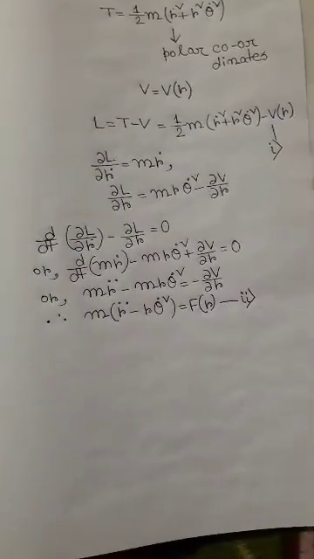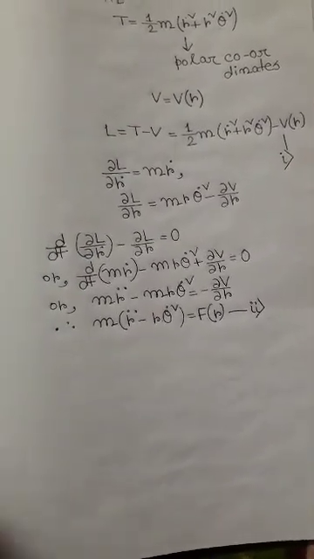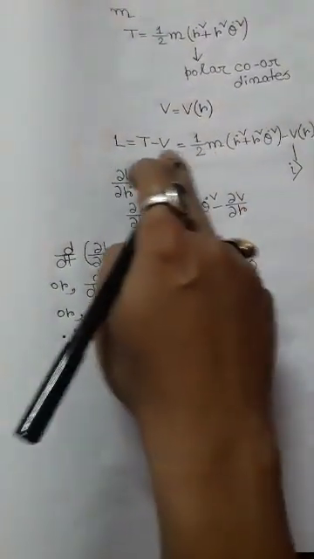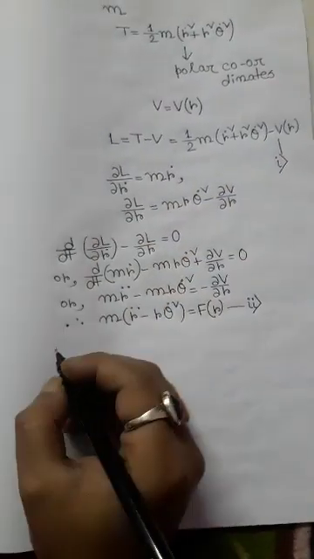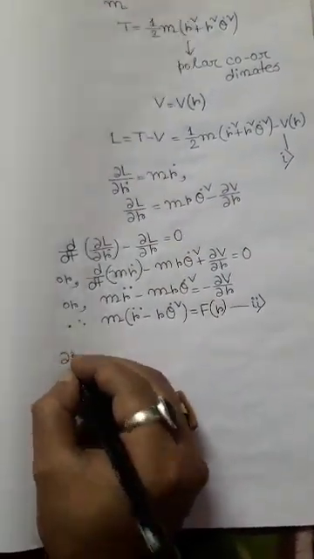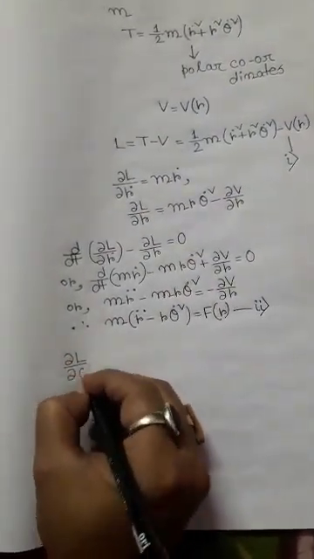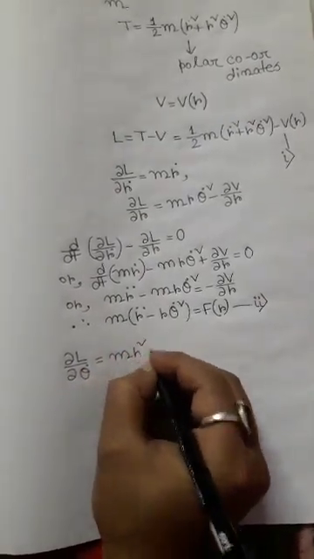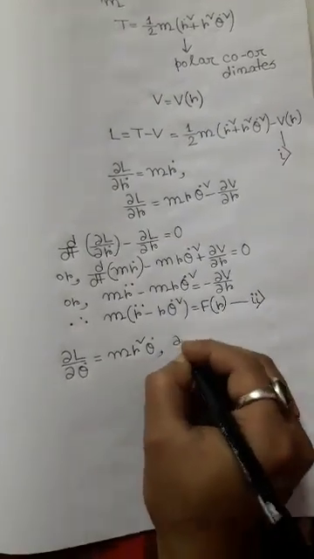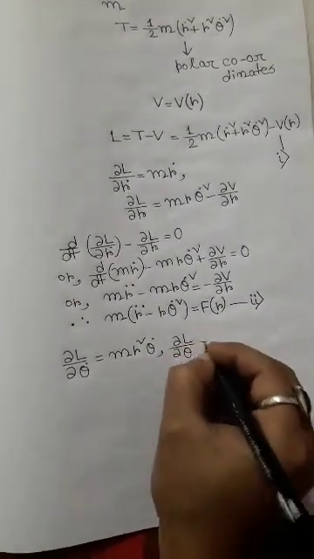Now what is the cross radial equation of motion? Again we have to find del L del theta dot and del L del theta from this equation. So from equation 1 we can write del L del theta dot equals m r square theta dot, and del L del theta equals 0.